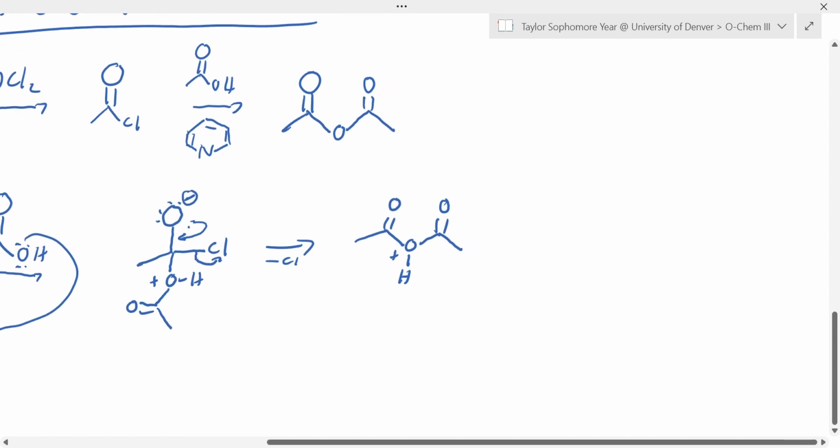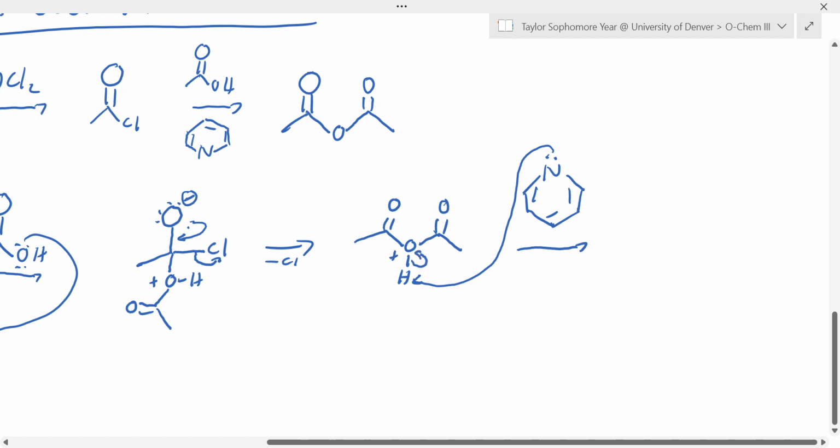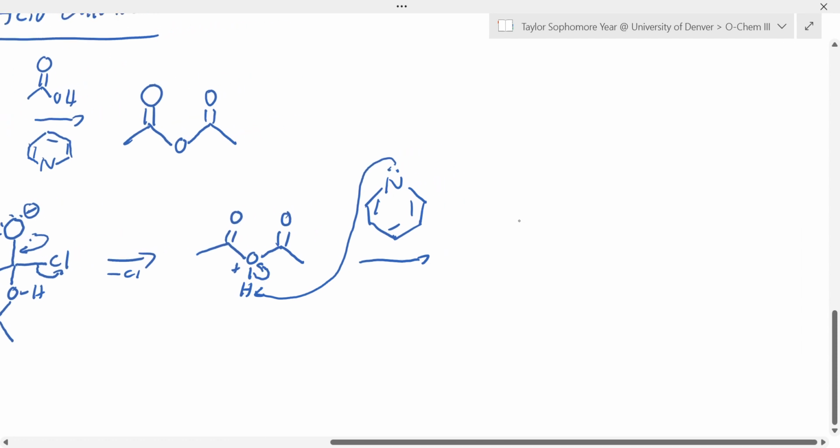It still has a positive charge, but pyridine can pick up this hydrogen, put it on the oxygen, allowing us to get a final product of this. And boom, we got it.